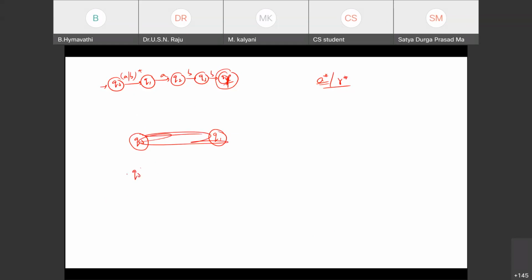So I'm writing Q4 and Q5, that's the whole star.